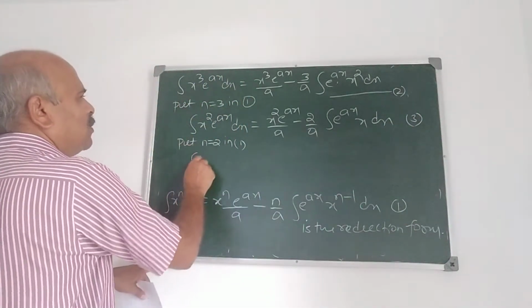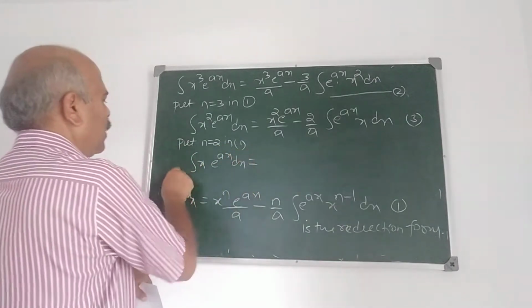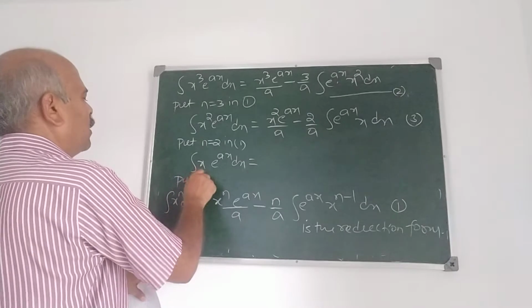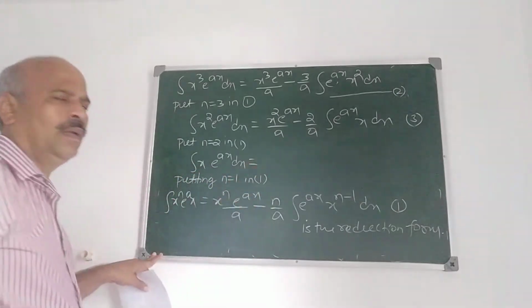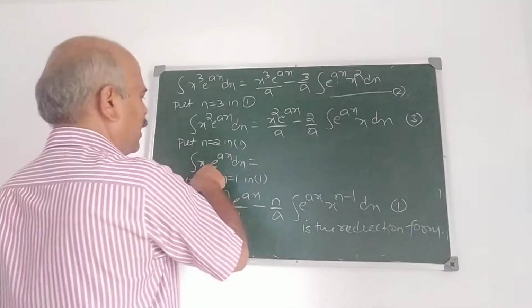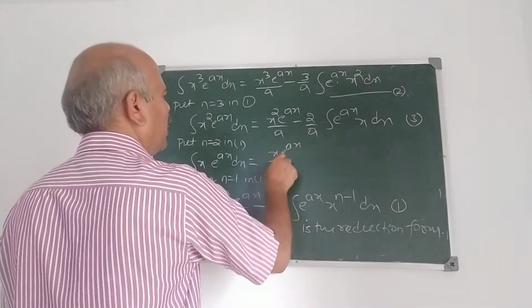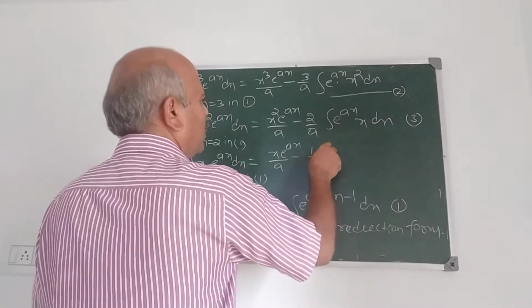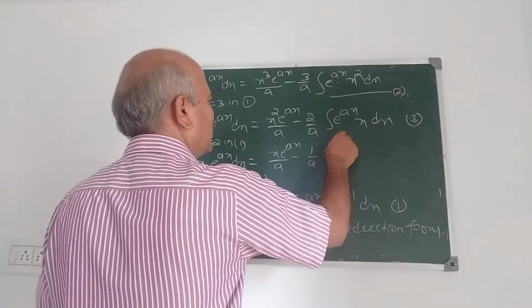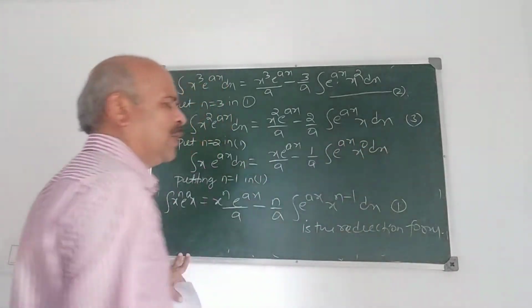Again, substitute n is equal to 1. Putting n is equal to 1 in 1 we get x e raised to ax upon a minus 1 upon a integral e raised to ax x raised to 0 with respect to x.